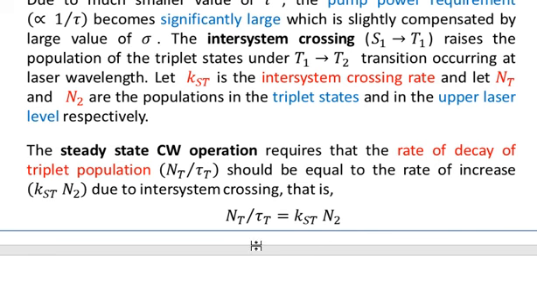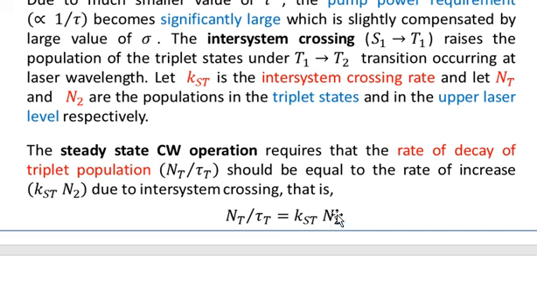So this compensation requires that the rate of decay of the population in the triplet state, which is Nt over tau t, will be equal to the gain which is lost due to the transition from S to T. That is the population in the S1 state which was to be used in the process of the lasing action.